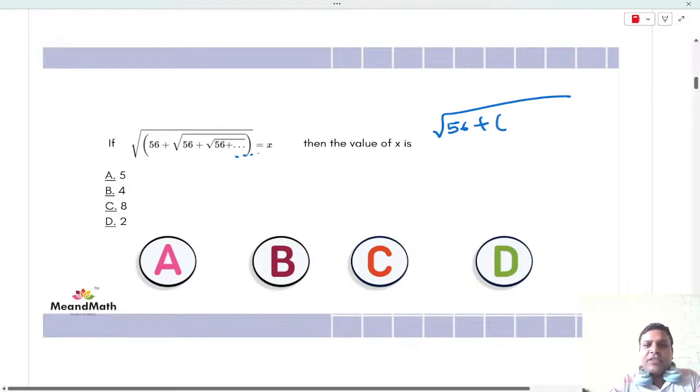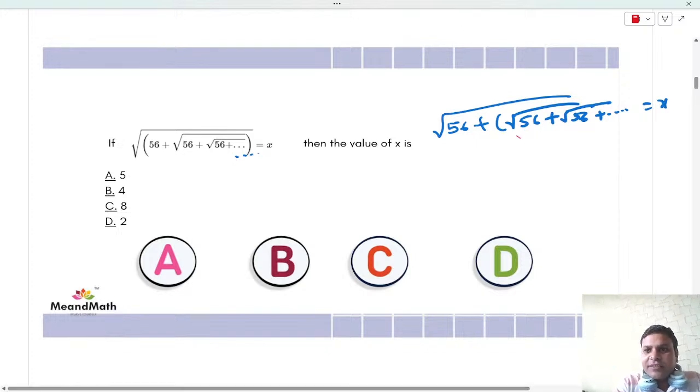Can I write like this? Yes. Now check it. This one is repeating again. This means the value of this sequence is x, as it is also given in the question.